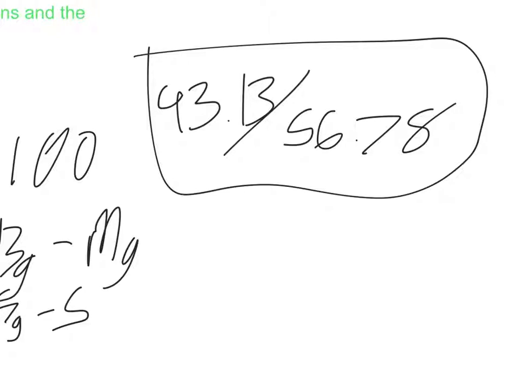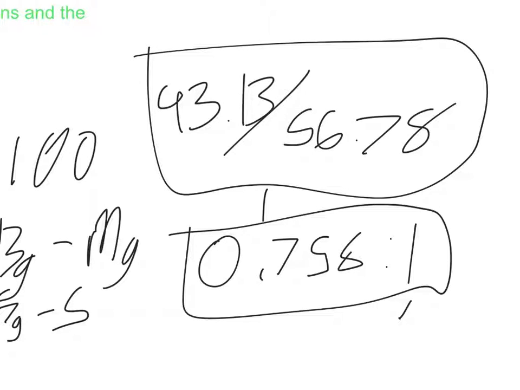You can simplify this ratio to about 0.758 grams of magnesium for every one gram of sulfur. So no matter how many grams of the compound you have, the proportion will stay the same throughout.